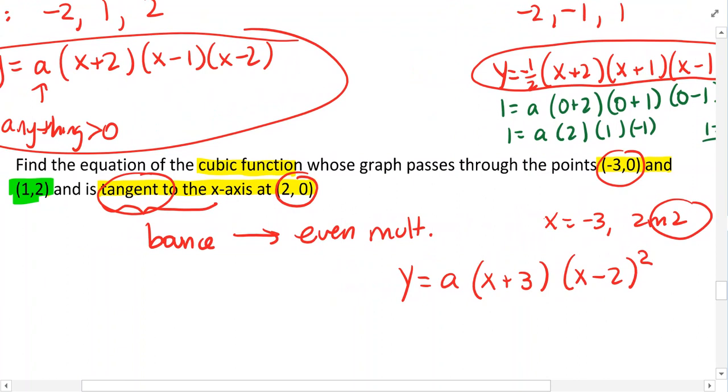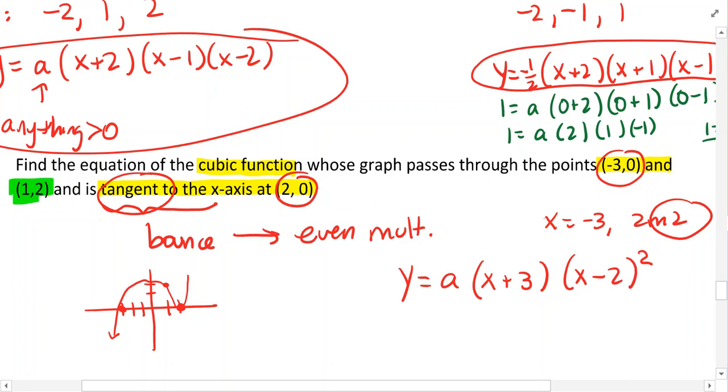So what I'm going to do is that's going to be my other point. So what I have so far now is that bounce on 2, going through this. I need to make sure that I go through this point also. So that kind of like that would be my sketch.